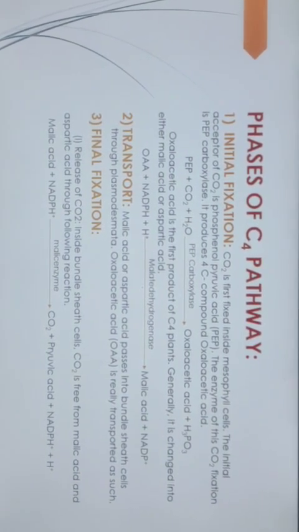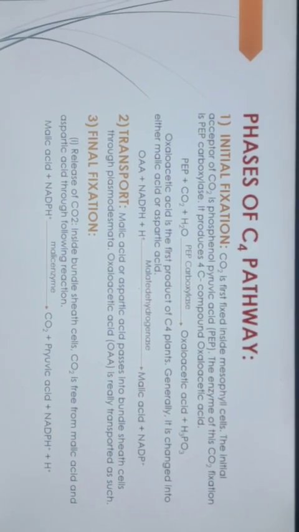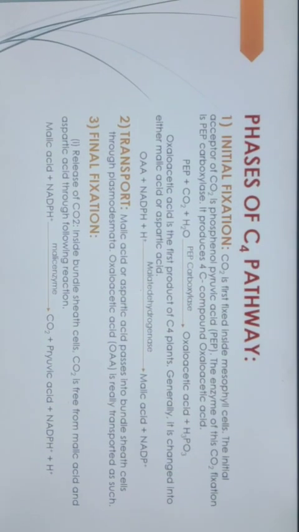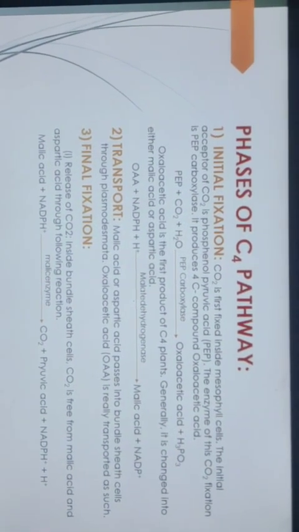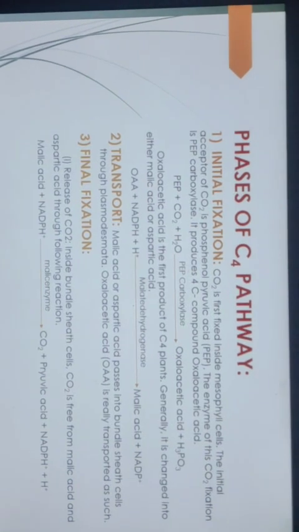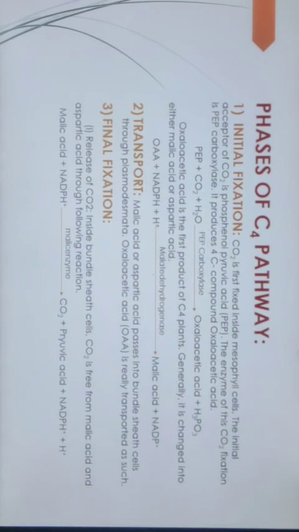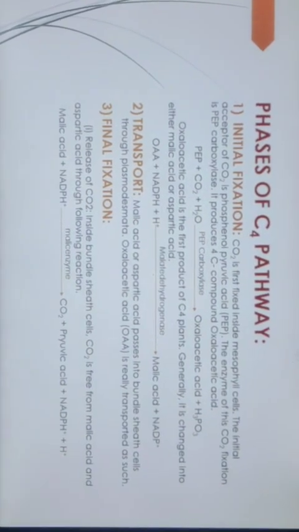Inside the bundle sheath cells, carbon dioxide is freed from malic acid and aspartic acid through a decarboxylation reaction. Malic acid forms pyruvic acid and carbon dioxide, and moreover NADPH and hydrogen ion are released.